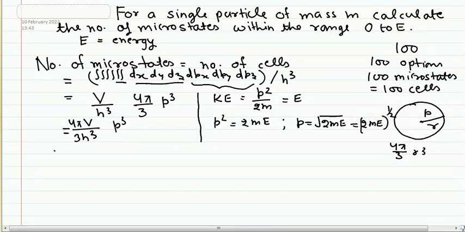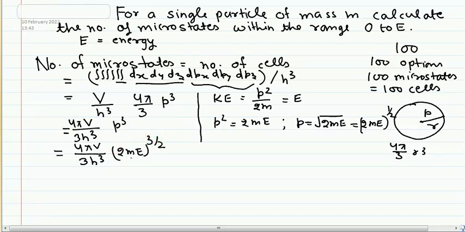So let us substitute this value. It is 4 pi V upon 3h cube, and the value of P, which is (2mE) to the power half, and then cube. Therefore it will become 3 by 2.